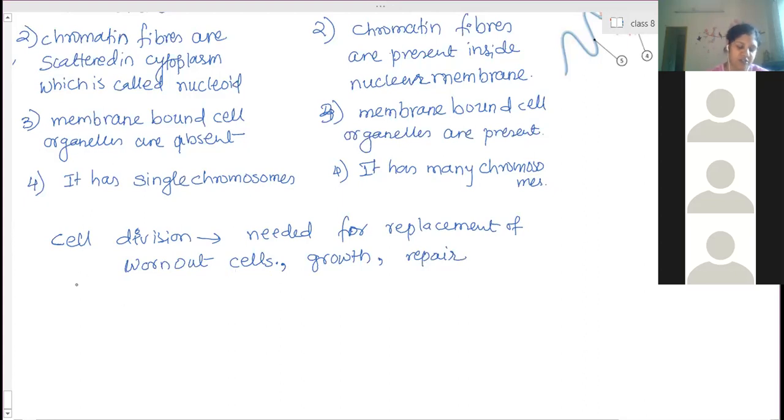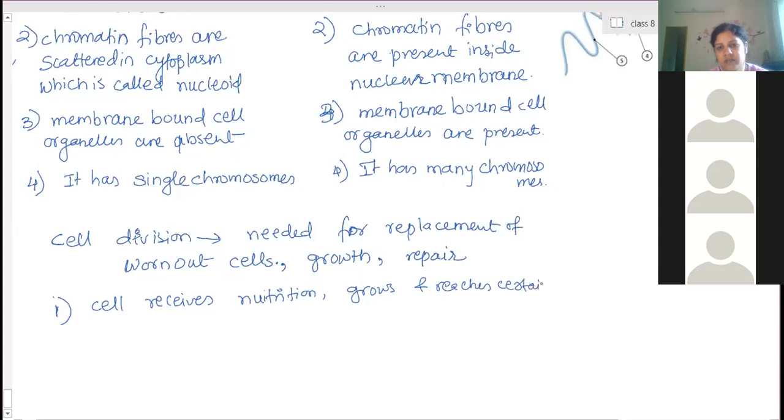Now, what happens in cell division? When the cell divides, first it gains more nutrition. First step: the cell receives nutrition, grows, and reaches a certain size.